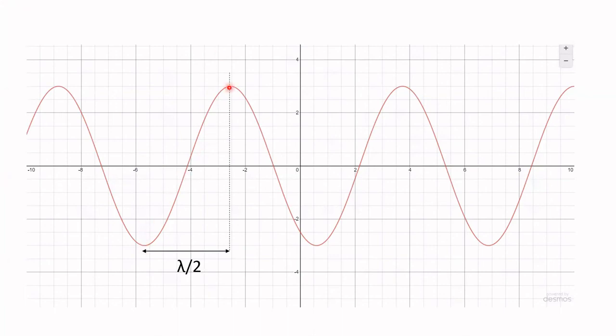So from a trough to a peak, for instance, would be half the wavelength. And if a full wavelength is 2 pi radians, then the phase difference, delta phi, between those two points would be pi radians. That's another thing you just want to memorize. If you're at the trough of one of these waves and you advance by pi radians in phase, that brings you to one of the peaks. That will be useful to us later.